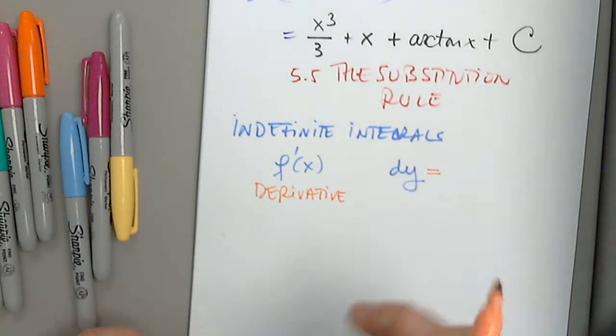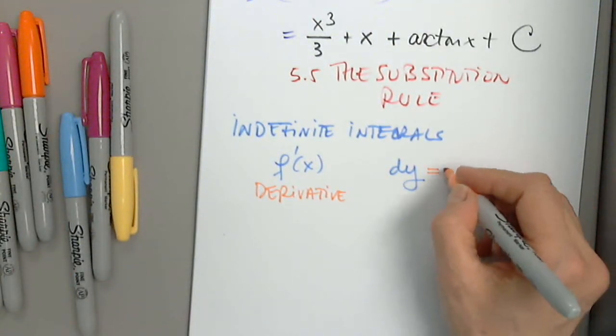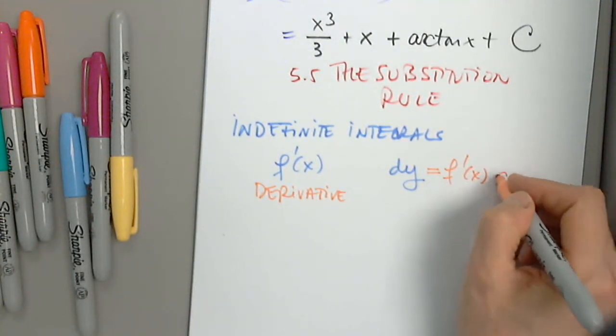What does dy equal to? So what is the definition of dy? How do we calculate it? We had it in chapter 3. f prime of x dx.